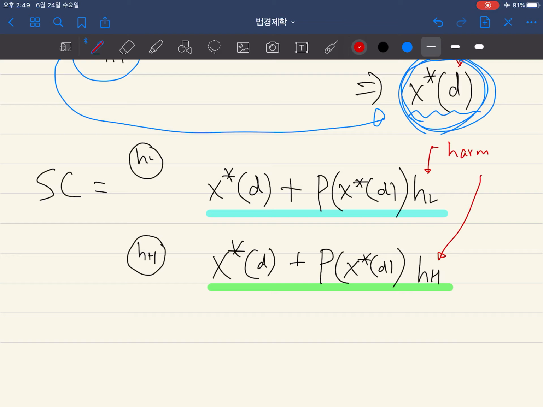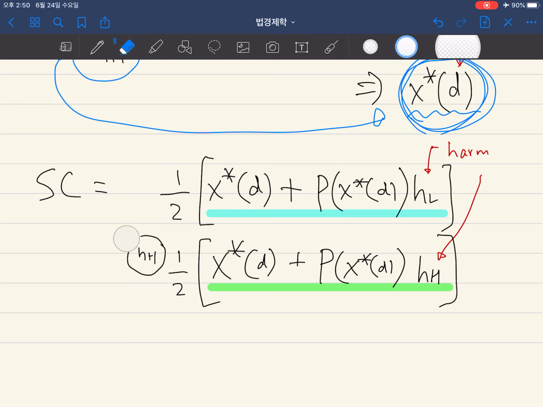So we know that harm is small with probability 50% and harm is big with probability 50%. So we can calculate expected social cost by multiplying by half here and adding them up. So this entire expression is expected social cost when the court does not verify the level of harm. So in other words, social cost when the court makes an inaccurate decision.